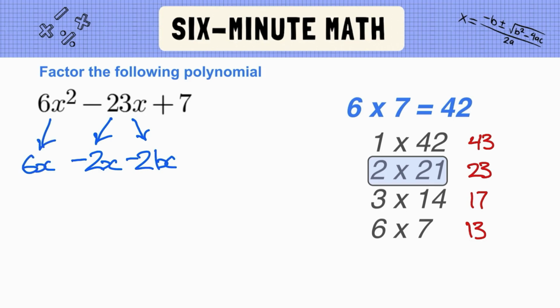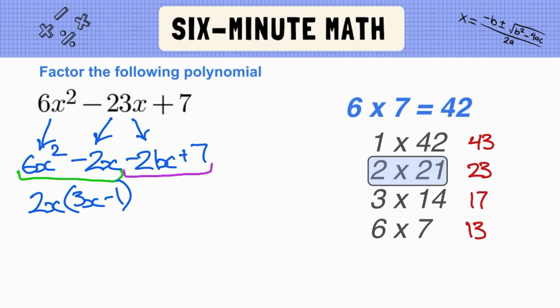Let's drop that a and c, and let's group. 6x squared minus 2x, well, I can take out a 2x, leaving me with 3x minus 1. And in this case, I have negative 21x plus 7.